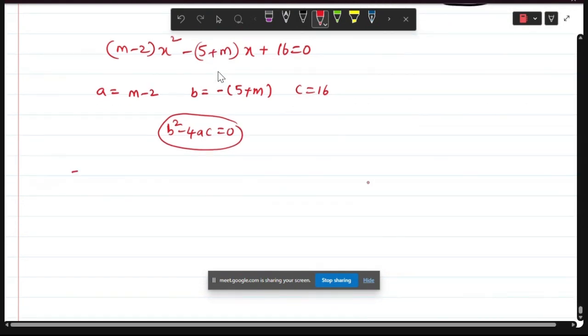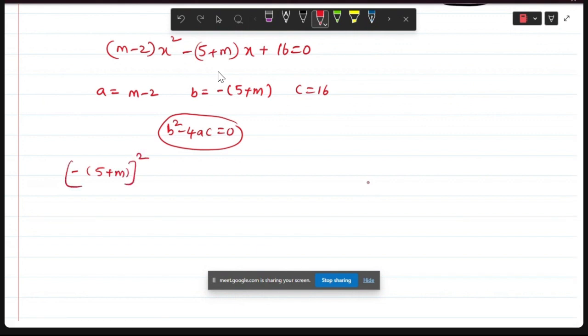Equal roots. Then what is the value? b value, minus of 5 plus m whole square, minus 4 into a value m minus 2, c value 16, is equal to 0. This is the (a plus b) whole square formula, ma.